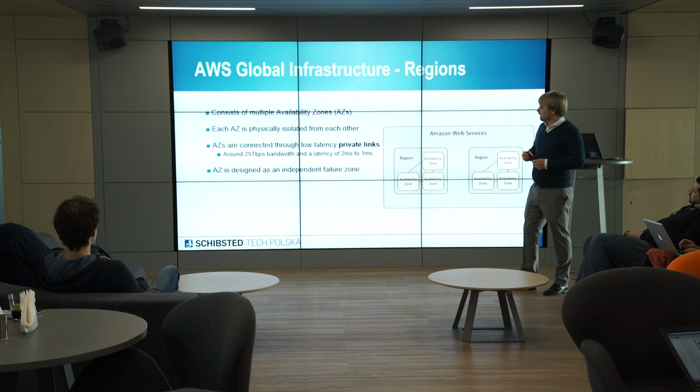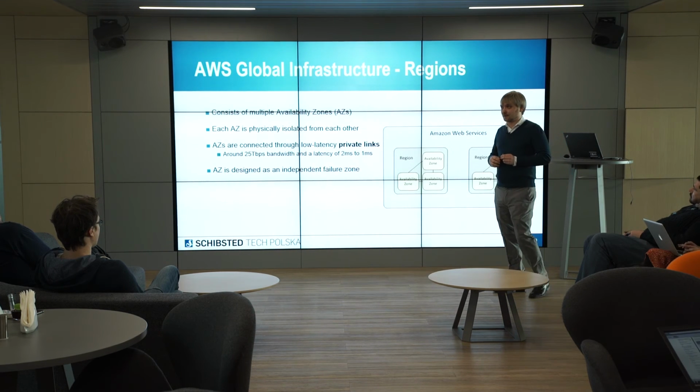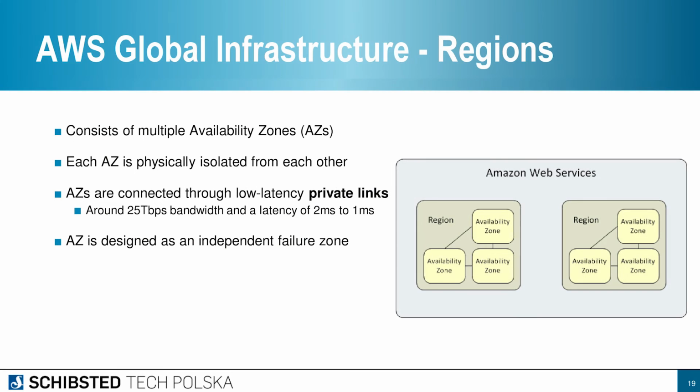A region consists of multiple availability zones. Minimum, there are 2 availability zones. Maximum, there are 5 currently. Each availability zone is physically isolated from the others, but they are close to each other.